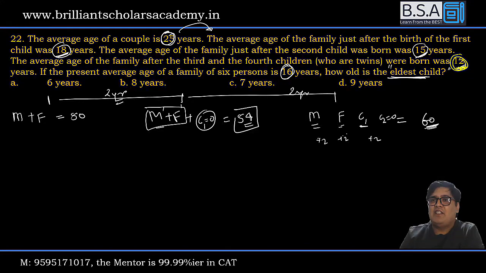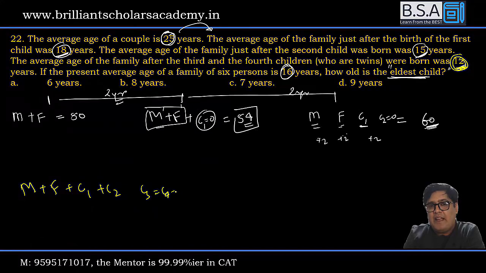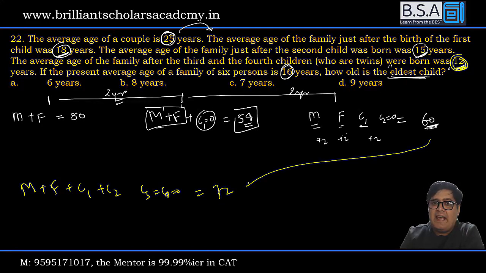The average is 12. That means mother, father, child 1, child 2, इनका एज काउंट होगा. जो 3 और 4 हैं उनका तो अभी फिलहाल एज 0 होगा ना. They are just born. So the total is 72. From here, how much gain is there?